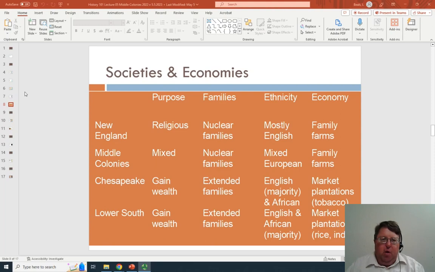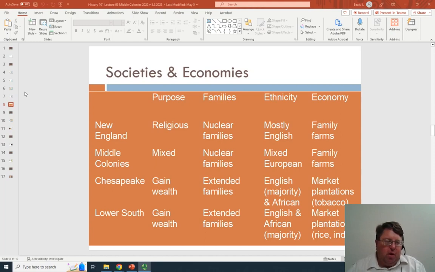To help you, one of the questions on the test might be to pick a section of the American colonies and discuss how they're similar and different. So this table can help you. New England, more of a religious colony starting out. We talked about the Puritan Yankee thesis, where New England goes from being a religious colony to being more secular from their point of view.